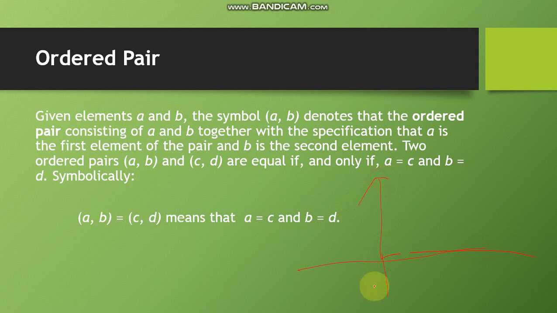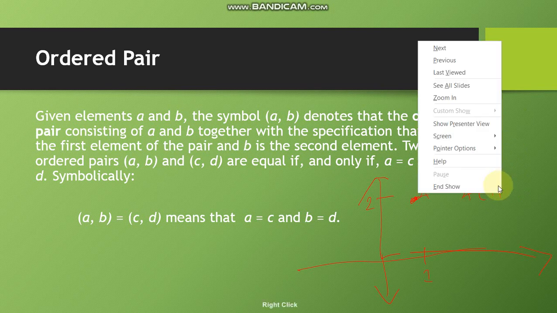For this one, say, here is 1, and this is 2. Then we can say that the ordered pair of point A is (1, 2). That is an ordered pair.